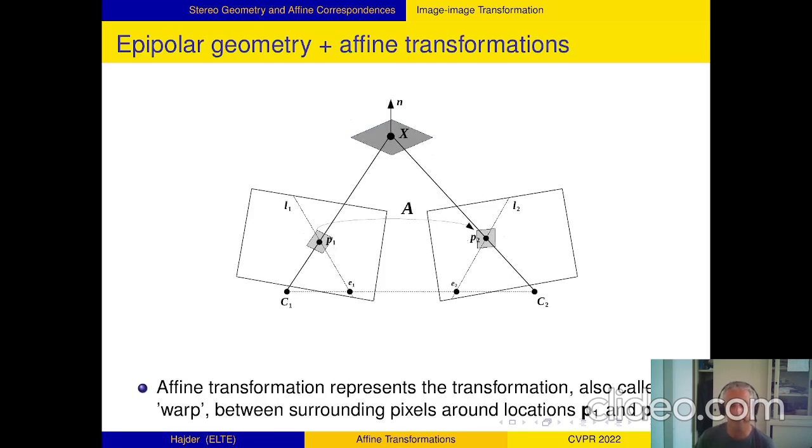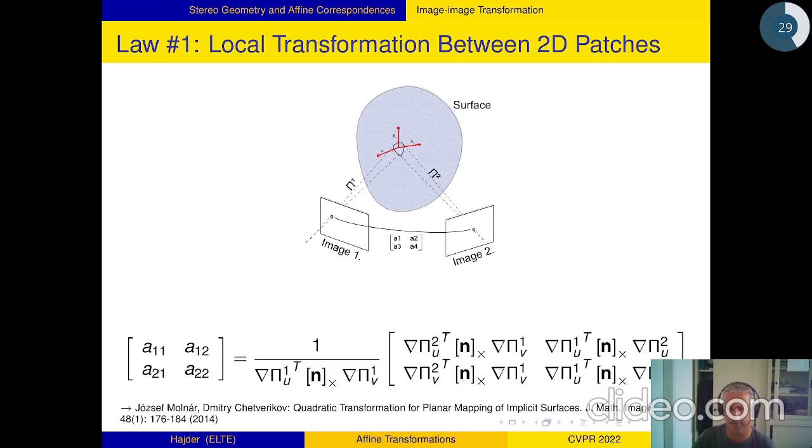And maybe the main message of these equations is that the linear part of the affine transformations can give equations for the surface normals.